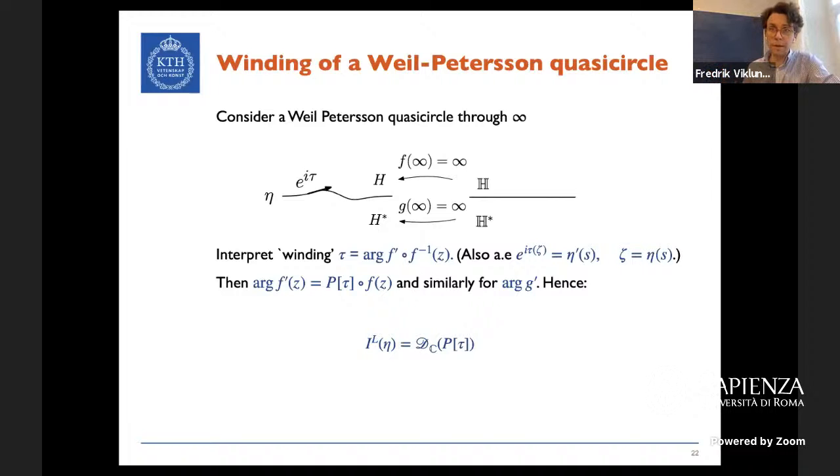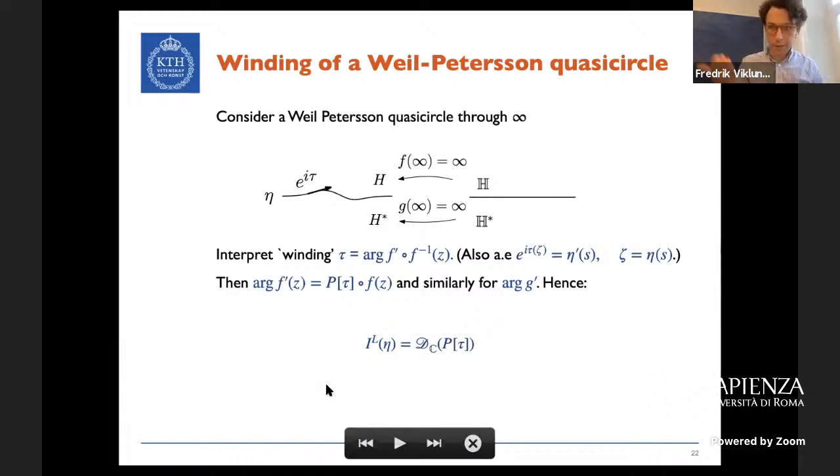And this argument of f prime and g prime can be interpreted geometrically as a sort of winding along the curve. So in some sense, you can think about the Loewner energy as being just the Dirichlet energy of the harmonically extended winding along the curve, interpreted appropriately. Of course, you have to be a little bit careful because it's not a C1 curve and so on.